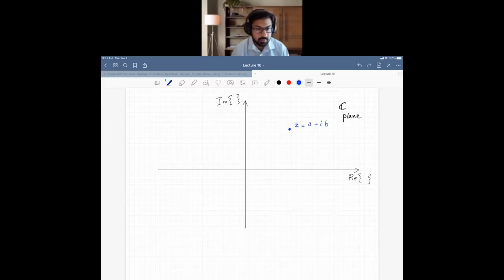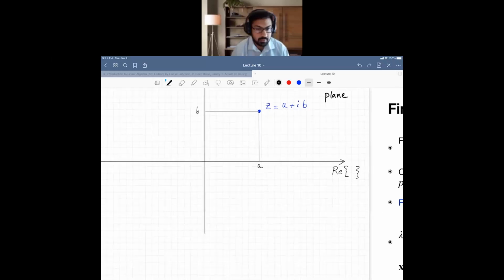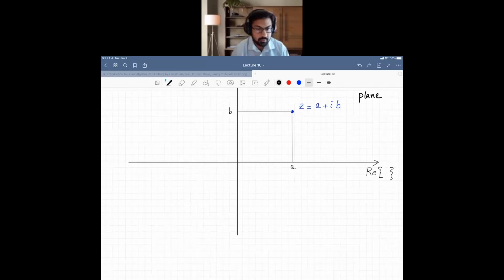If I project that point onto my real and imaginary axes, I will see that the real part is a and the imaginary part is b. And if that is my complex number z, the complex conjugate is going to be on the other side of the real line.